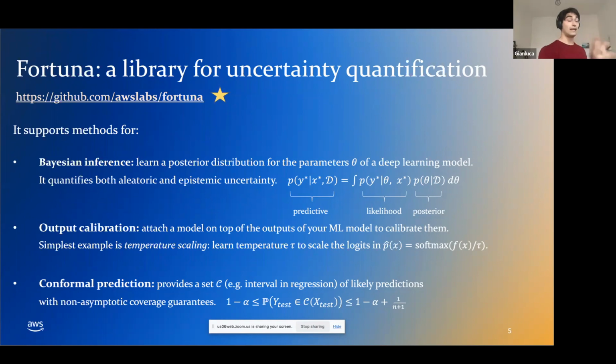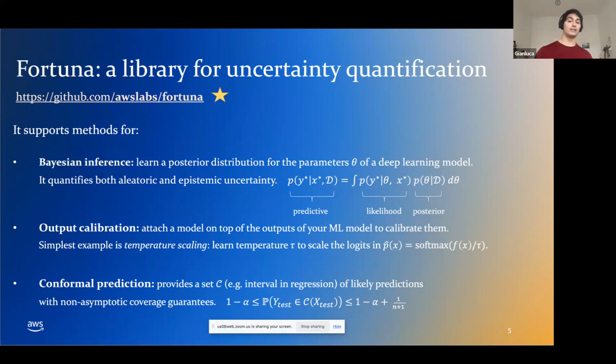So you have already trained your model, you can even have already some uncertainty estimates, perhaps obtained with one of the other two frameworks that I've listed before. And you can calibrate this estimate to provide you a set of likely predictions with non-asymptotic coverage guarantees.